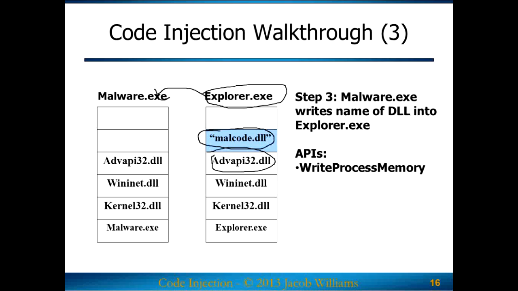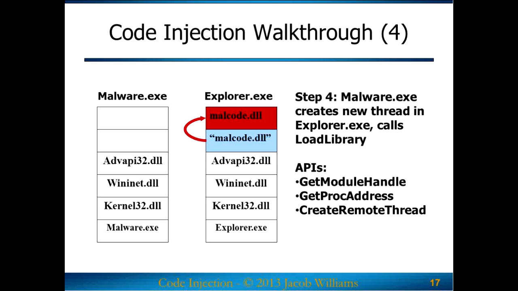The problem is the loader in explorer.exe can't reach back into malware.exe's process space to retrieve the string name of the DLL that's going to be loaded. So what we find is that WriteProcessMemory is used to write the name of the DLL that's going to be injected into our victim process.